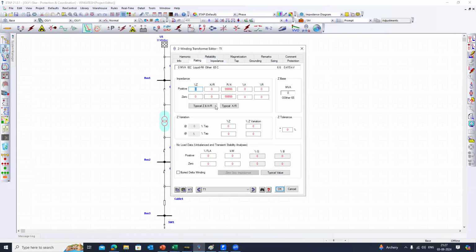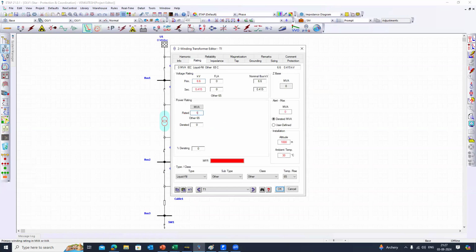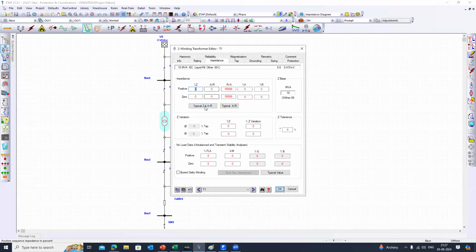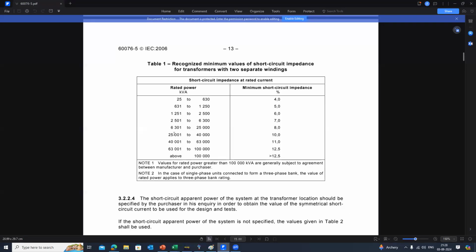Next, as I am telling you, in ETAP, let's suppose this is a transformer with a rating of 10 MVA, and if I select the typical impedance, it comes to 8.35. Whereas the 10 MVA transformer will come under this category, above 6300 kVA up to 25 MVA.